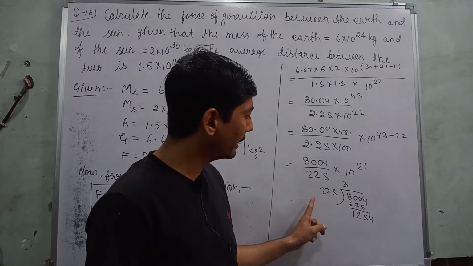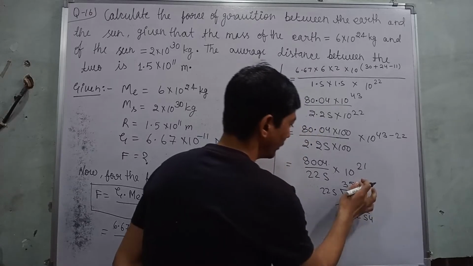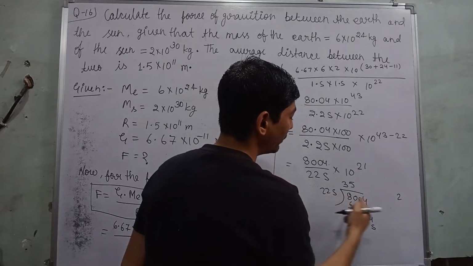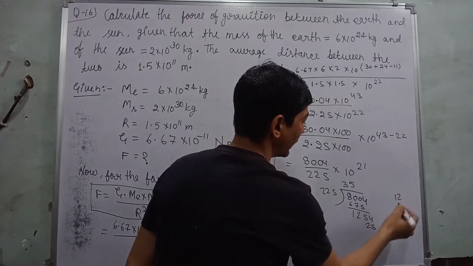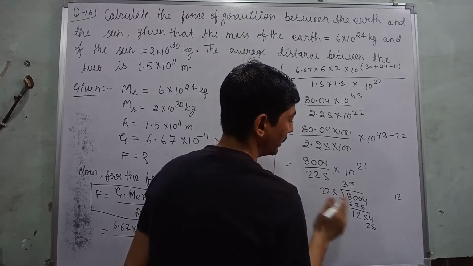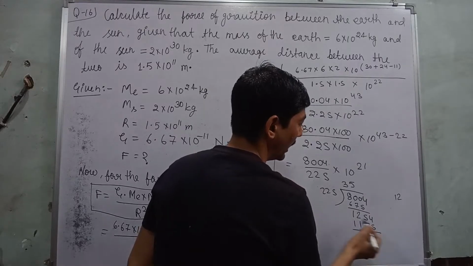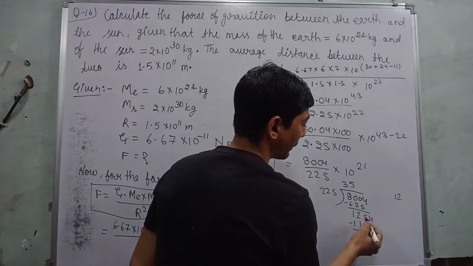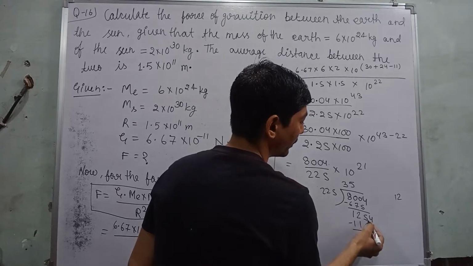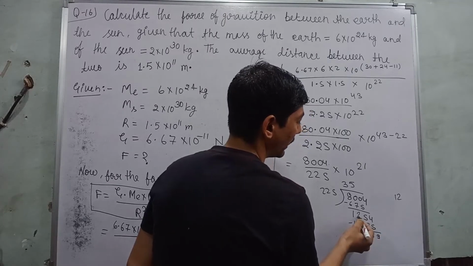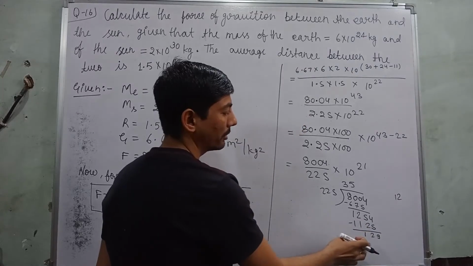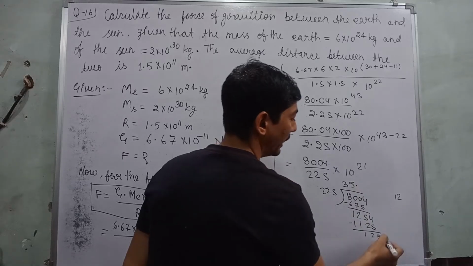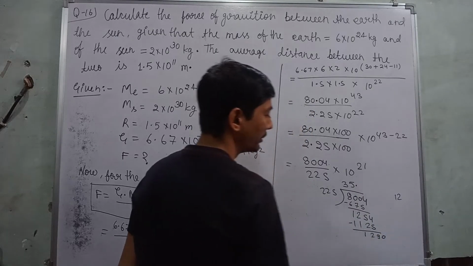Now it multiplies by 5. 5 5s are 25, 2 carry, 5 2s are 10, 2 is 12, 1 carry, 5 2s are 10, 1 is 11. After subtracting, I find 14 minus 5 becomes 9, and 4 minus 2 becomes 2, and 2 minus 1 becomes 1. It is less than the divisor, so I apply a decimal here and a 0.